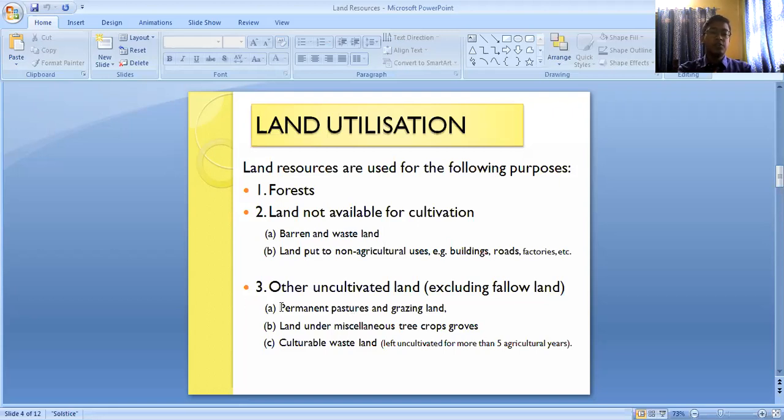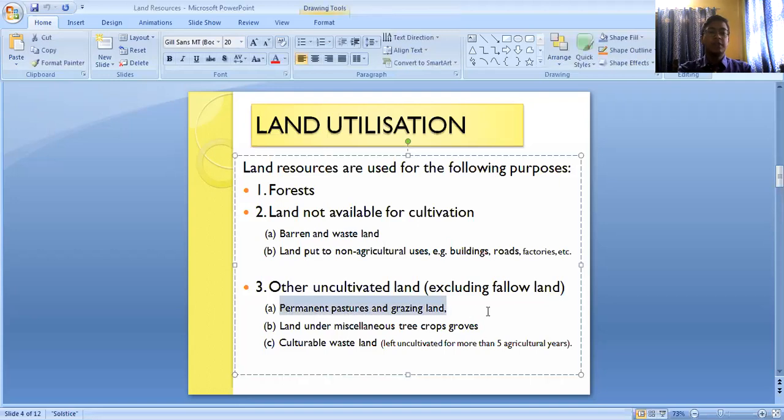Permanent pastures and the grazing land. Permanent pasture and the grazing land basically include those parcels of land which are kept, or which are mainly used, for growing pastures. The lands are left so that the grasses can grow and the animals can feed on it.